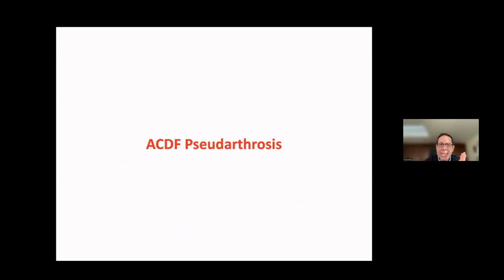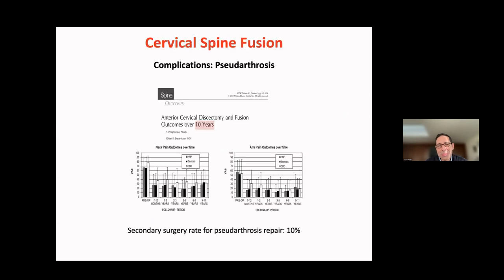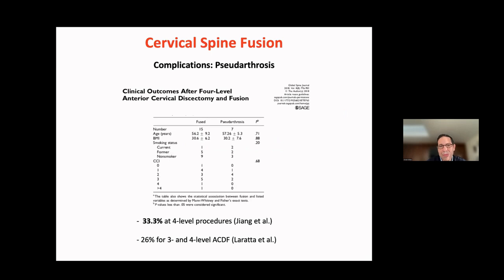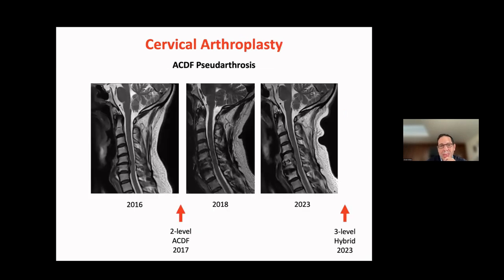If you are facing ACDF pseudoarthrosis, and I'm sure Joachim will tell you about this, it can reach 10%, or with multiple levels, up to 1/3 of patients facing this complication. Arthroplasty is a good option here. In 2016, a 2-level ACDF was done somewhere else, and you have even some ossification here behind the fusion, which is something that not only happens in arthroplasty.